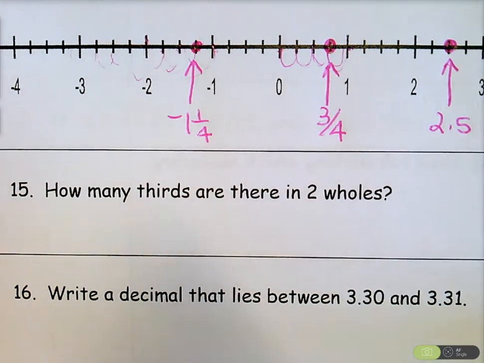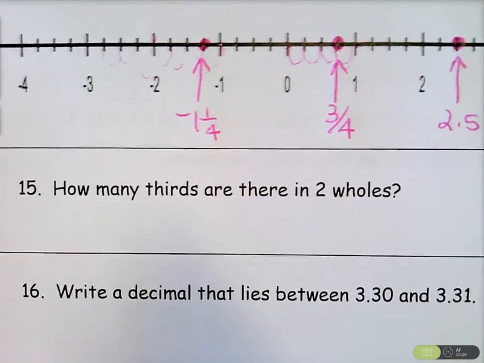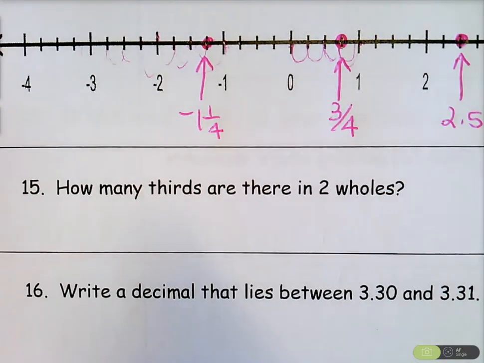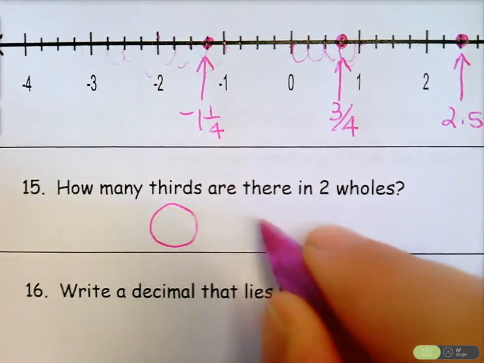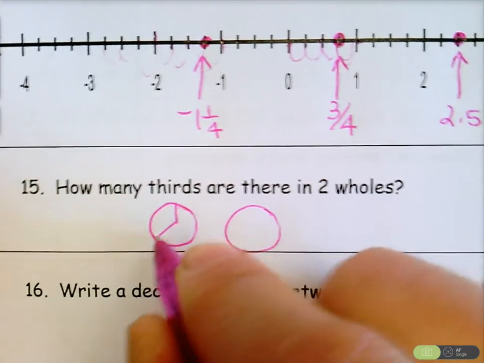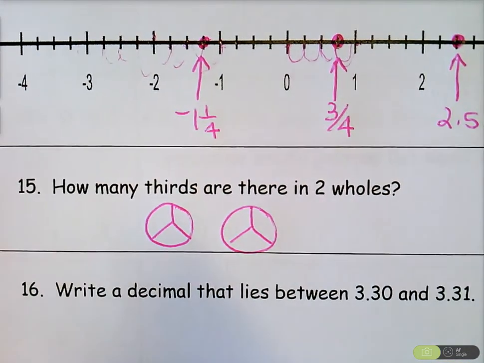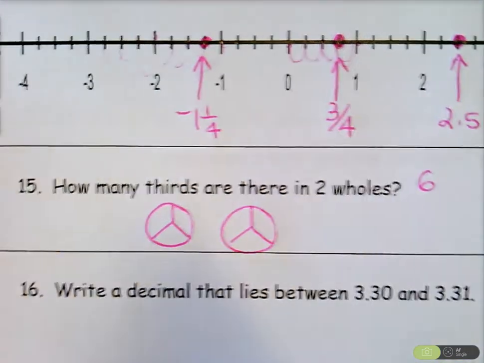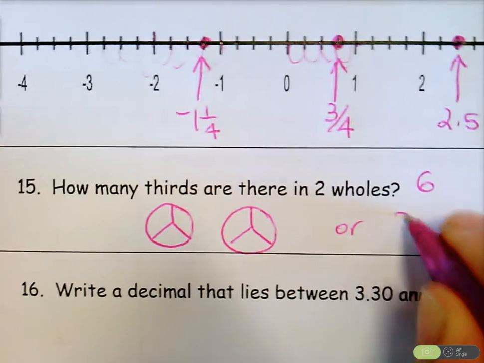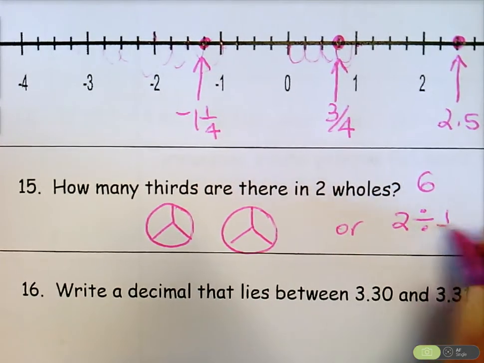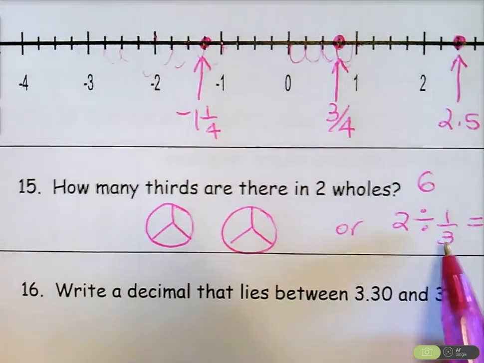How many thirds are in two wholes? We're going to do this two ways, using diagrams and with algorithms. So I've got two wholes, cut them up into thirds. Girls, how many thirds are there in two wholes? Or you can go like this, 2 divided by a third. How many thirds go into 2?